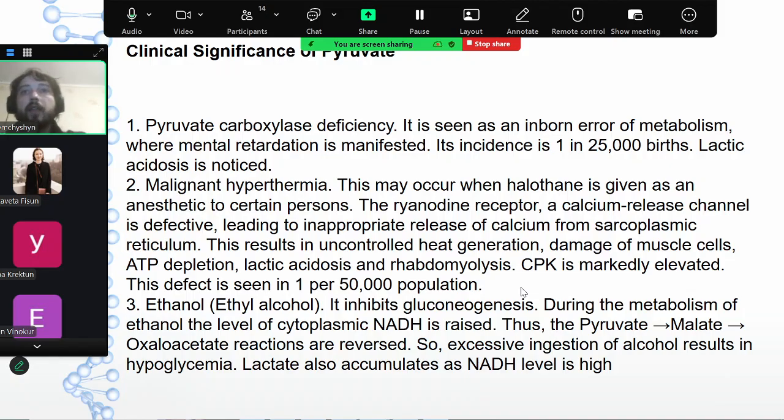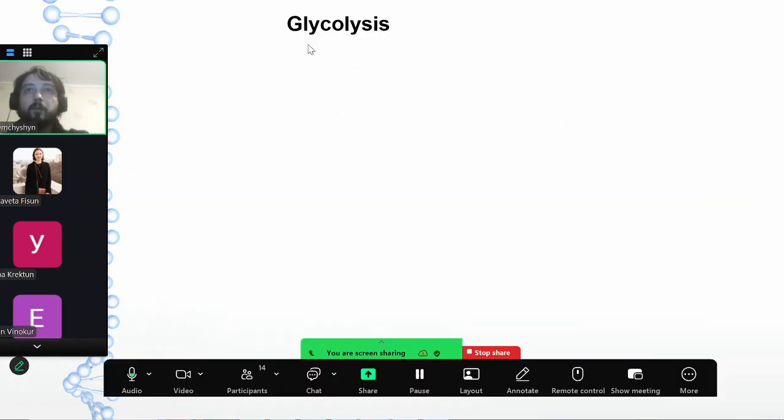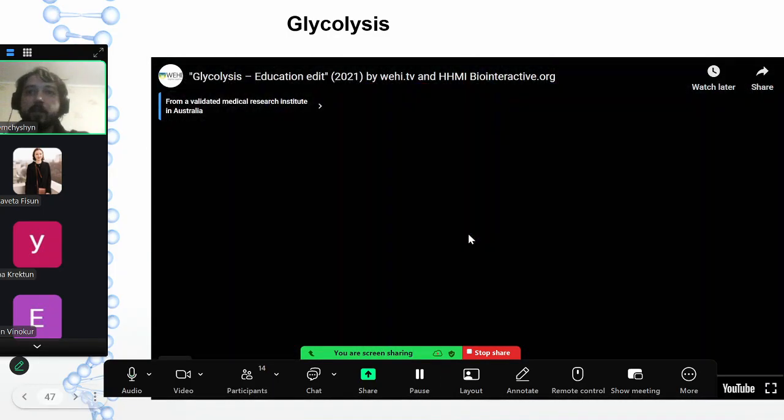ATP is depleted, lactic acidosis, rhabdomyolysis, well, no good. 1 in 50,000 of the population. And ethanol inhibits gluconeogenesis. I guess we will get to gluconeogenesis, I hope. And during the metabolism of ethanol, the level of cytoplasmic NADH is raised. So there are once more adverse bad effects, let's say.